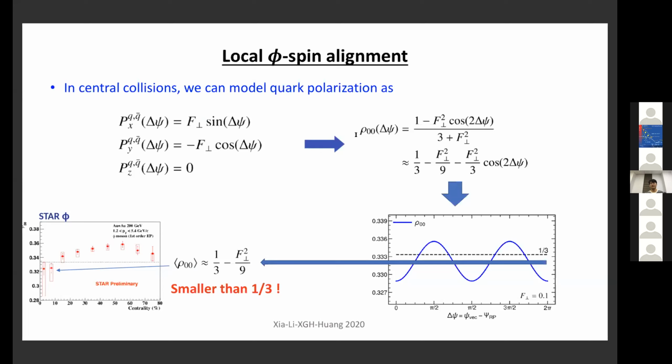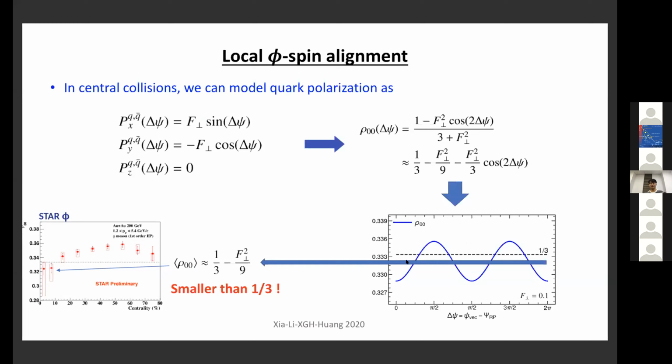And if you average over the azimuthal angle, you can find that the average rho 0,0 is indeed smaller than 1/3. This calculation was done by Xu-Guang Huang, Huan Zhong, and myself recently. And this is the local phi spin alignment scenario.